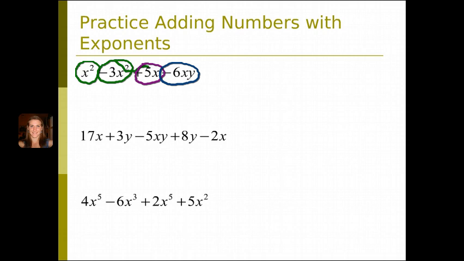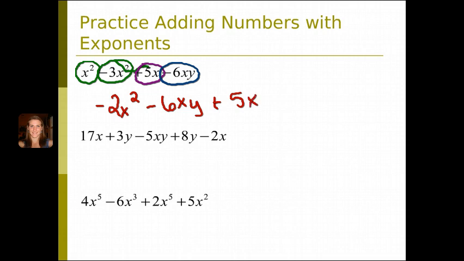So all three of those are their own terms and they need to be combined accordingly. So we need to write this as x squared minus 3x squared would be negative 2x squared. And then our next term, based on the number of exponents that we have, should be minus 6xy plus 5x.